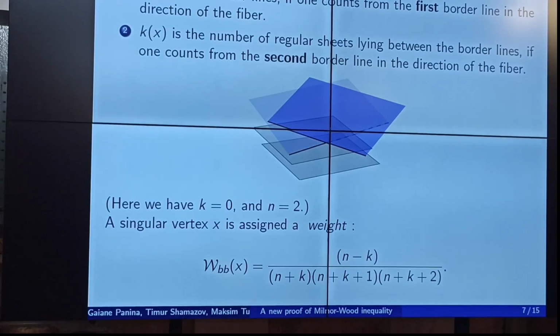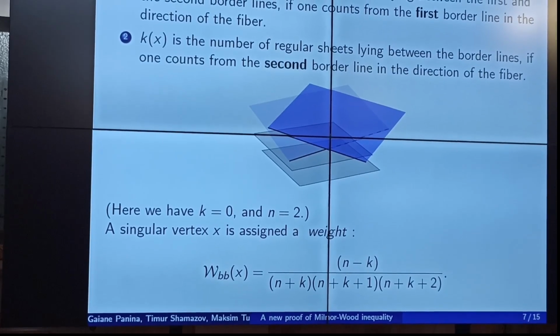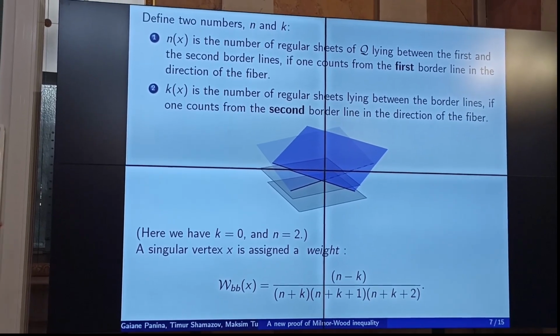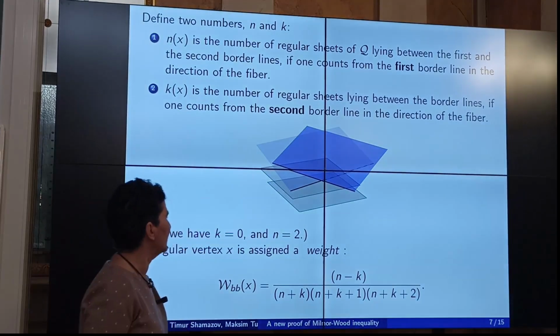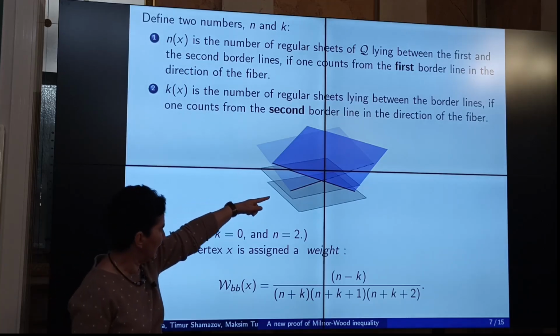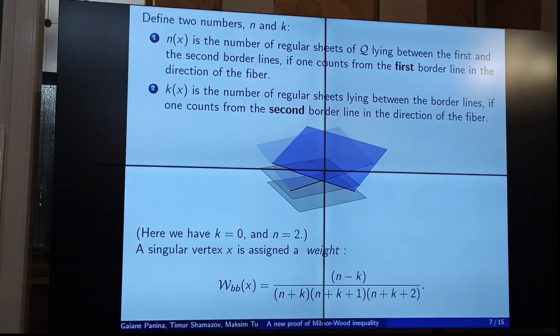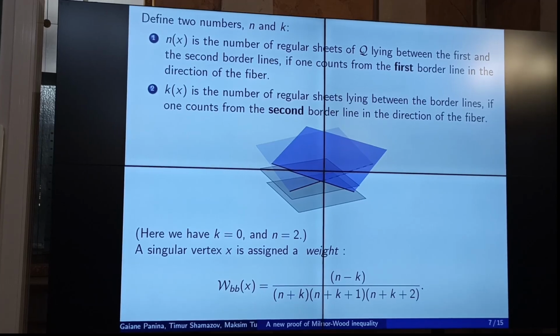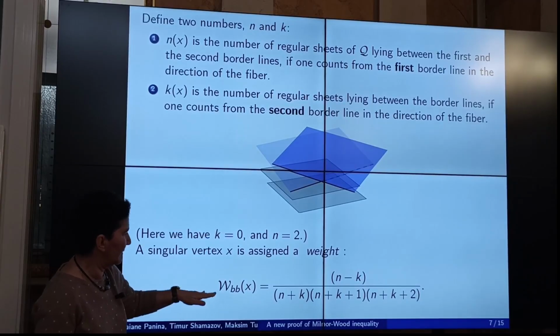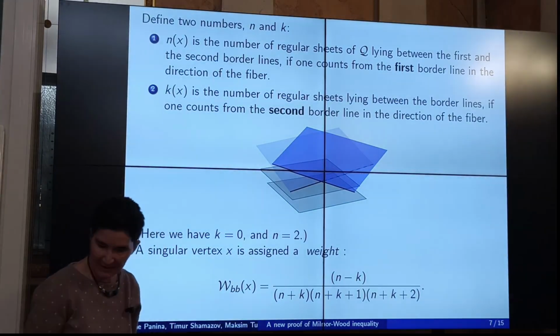Let us skip the definitions. What is n and what is x? They come from here, and from here. And there is a formula. By definition, we assign to each singular point, that is, each self-intersection of the curve on the base, this number, this fraction.